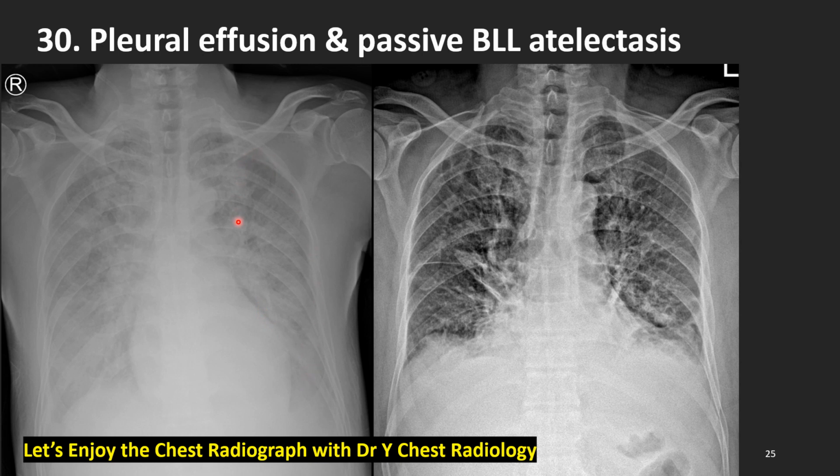Diffuse haziness with minimal air bronchogram, bronchovascular thickening, and many alive pulmonary vessels. Pleural effusion with passive atelectasis of both lower lobes.